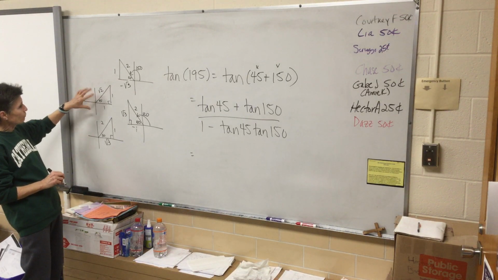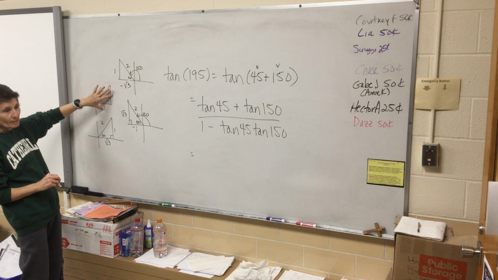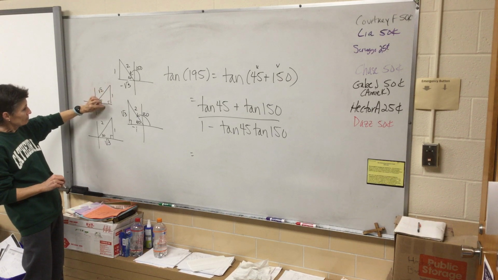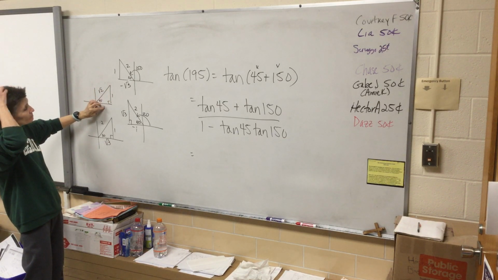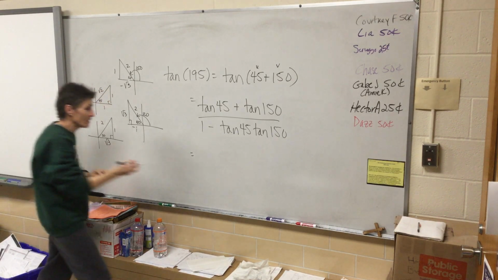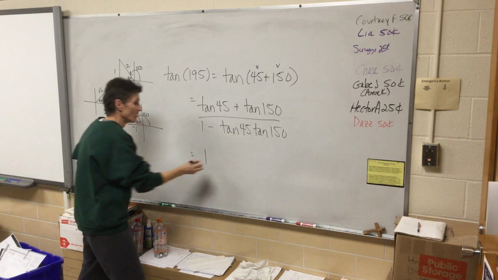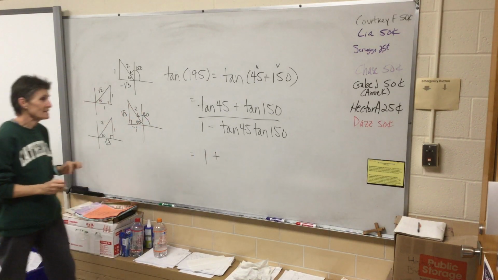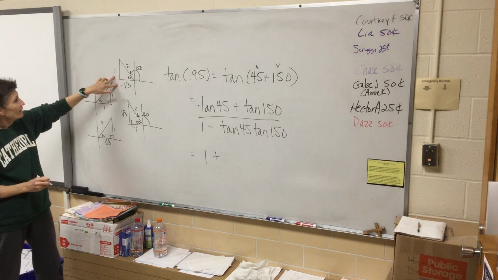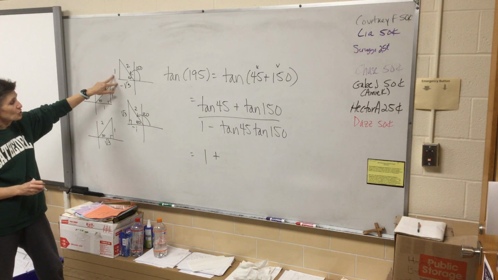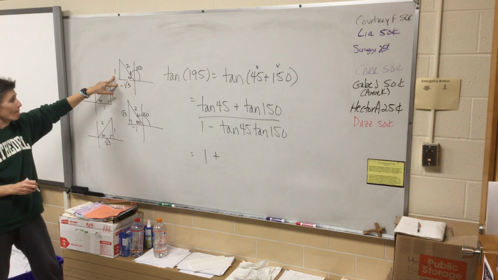So what's the tangent of 45? One. Yeah, our favorite. We love the tangent of 45. It's 1. What about the tangent of 150? Up here, what's the tangent of 150?